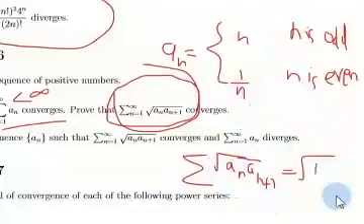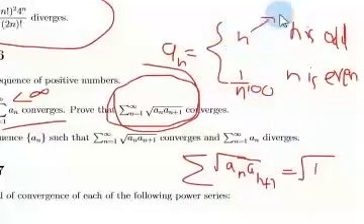You have to add something like a power. You can say 1 over n to the power 5, or 100, or 1000, anything. The limit of this one is infinity, this one is 0.